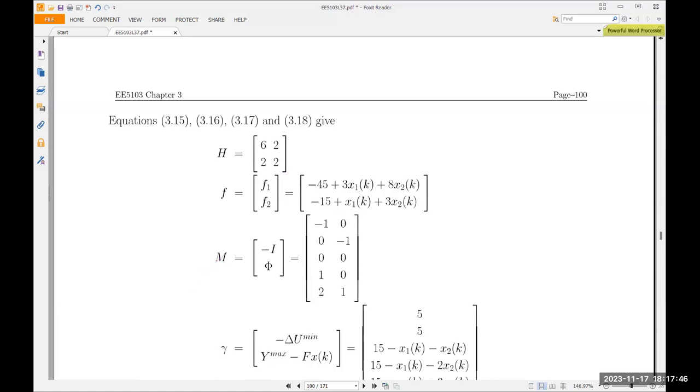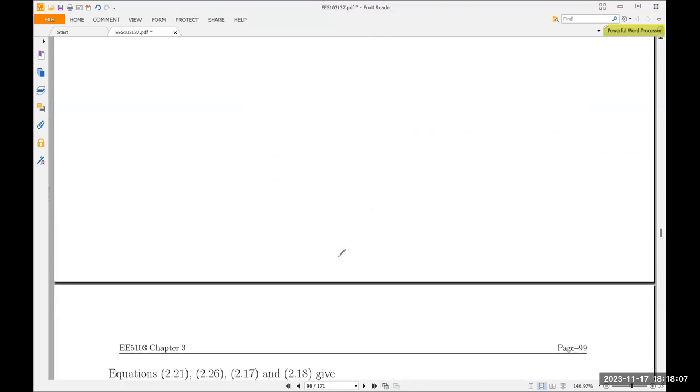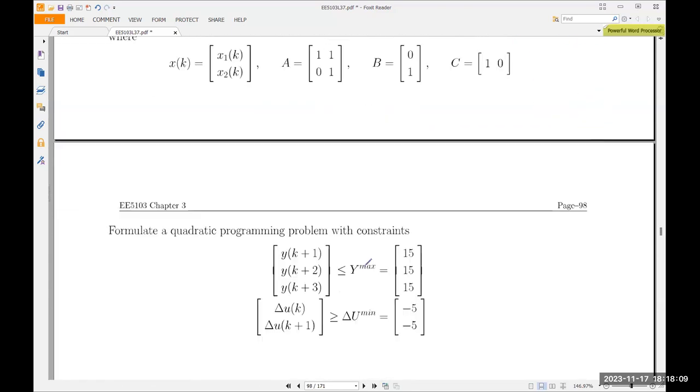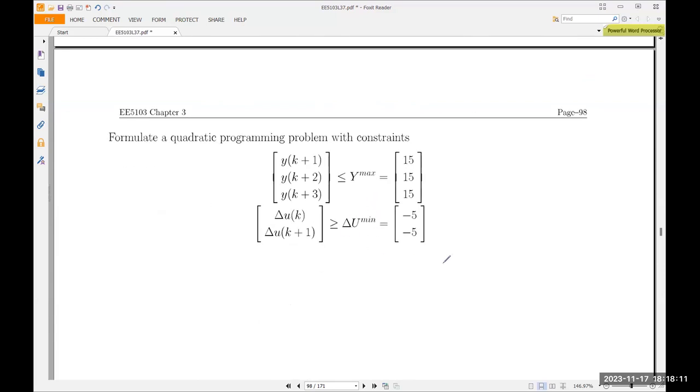We have constraint on Y and constraint on delta U. So this obviously is this fellow here, and this is this fellow here. So you look at them one by one. You have a constraint on U max, on U min. So you go back and look at your U min constraint.